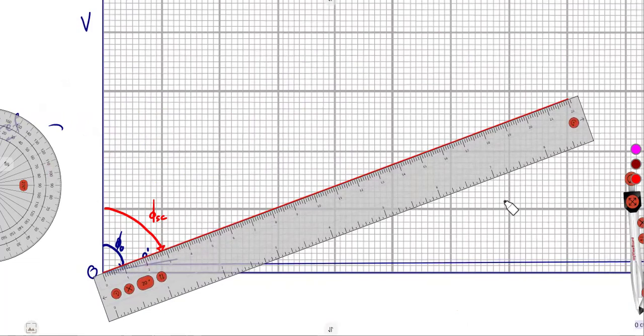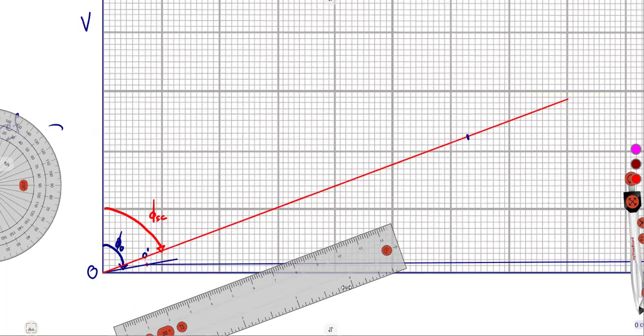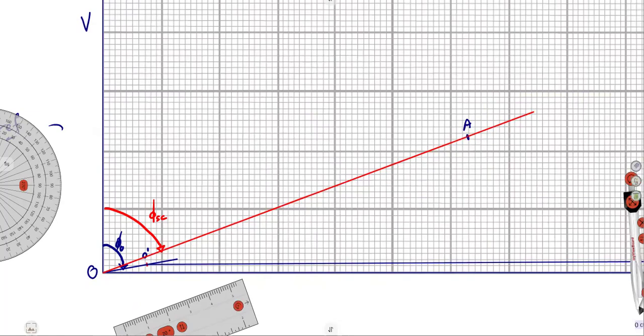Remember these properties. So 17,3 is going to be approximately there. You mark the point where you have got your 17,3. That is your point A. So we have got the point A there, representing the short circuit current vector OA.